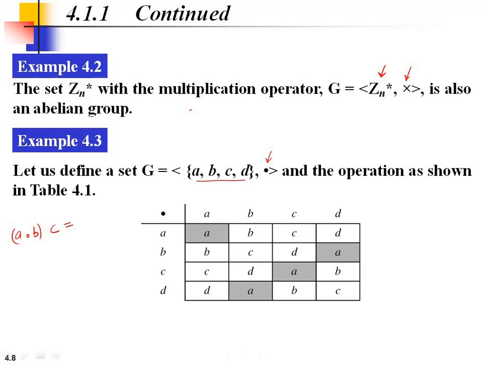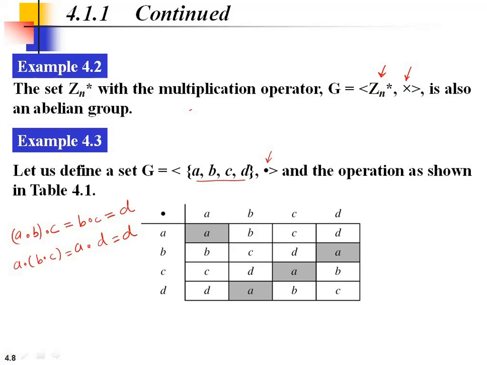So A dot B dot C. First we check the result of A dot B, which is B, then B dot C, and the result of B dot C is D. Then if I compute A dot (B dot C), B dot C is D, and A dot D is D. So the associative property is satisfied.